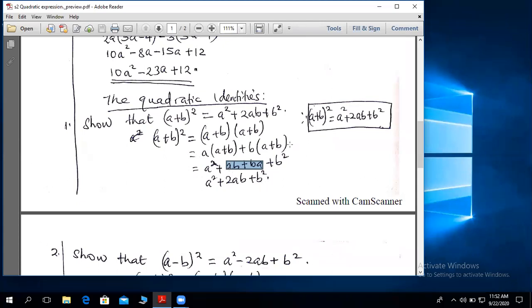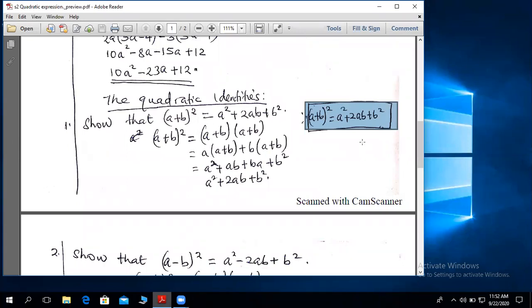And we shall have shown what they want us to do. Therefore, a plus b squared is equal to a squared plus 2ab plus b squared. So this one is a quadratic identity for addition of a plus b squared.